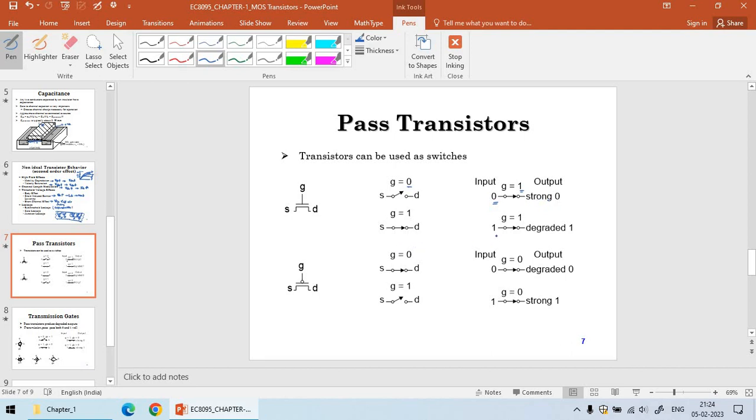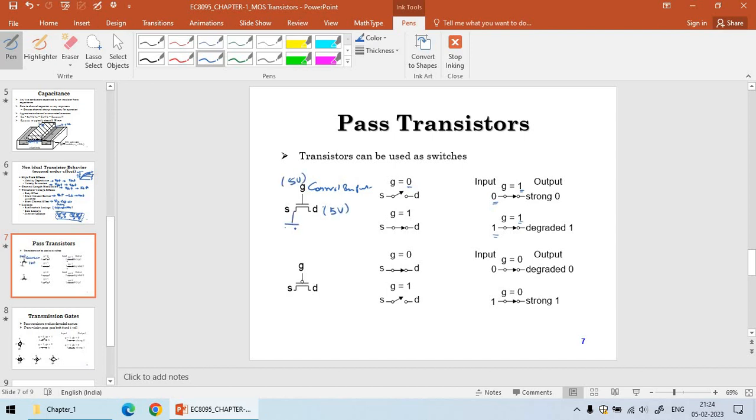When you give input as 1 and gate is also 1, the output is going to be degraded. In the sense, gate is called the control input, and I am going to give drain 5 volts, gate is also 5 volts.